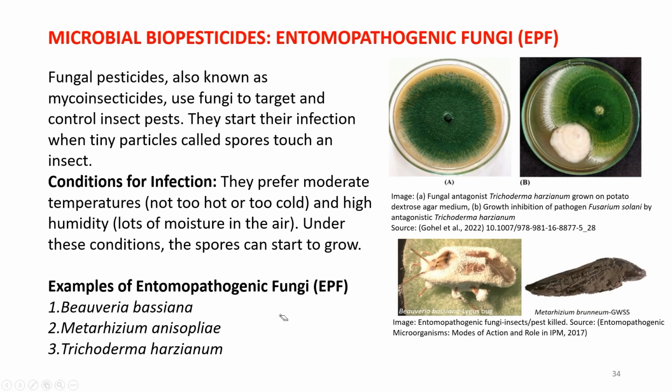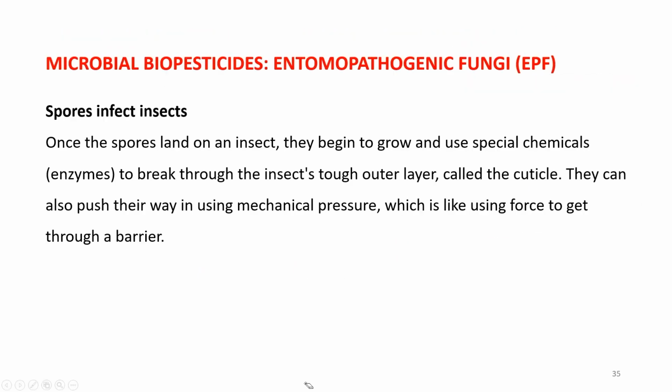The conditions for infection are that they prefer moderate temperatures, not too hot or too cold, and high humidity. Under these conditions, the spores can start to grow. Some examples of entomopathogenic fungi are Beauveria bassiana, Metarhizium anisopliae, and Trichoderma harzianum.